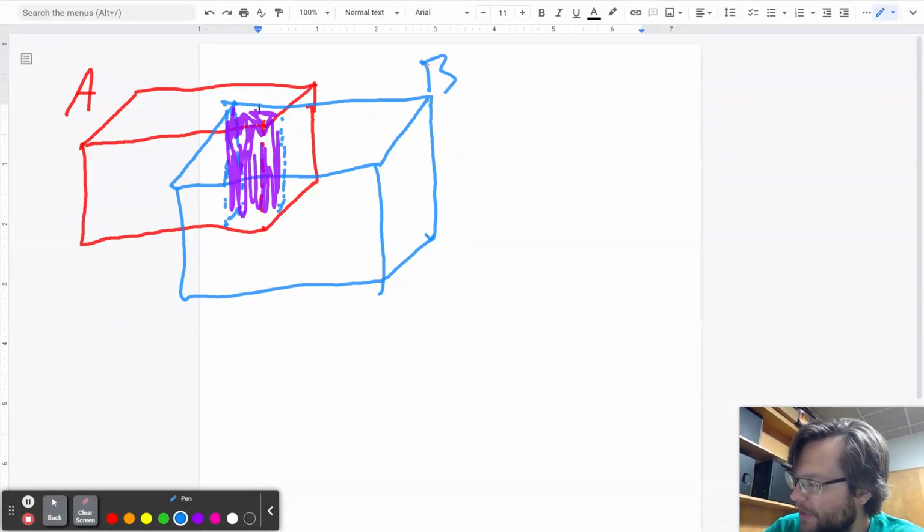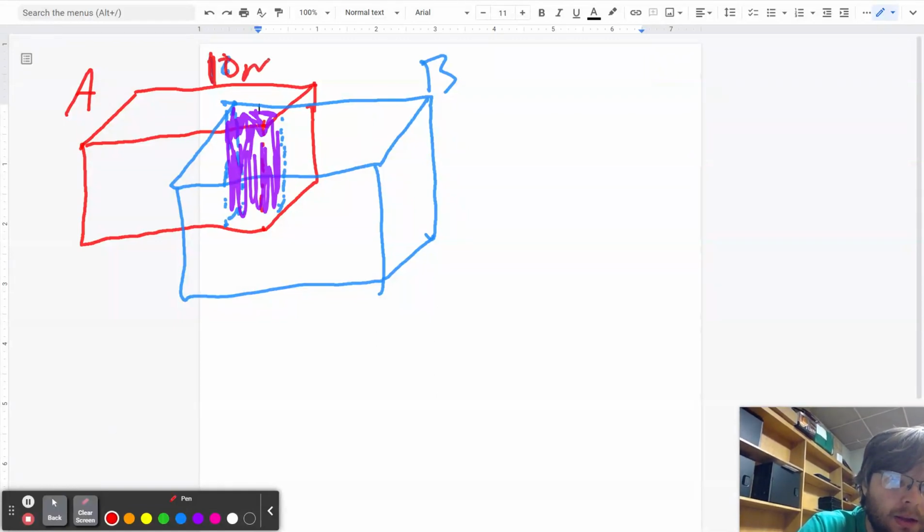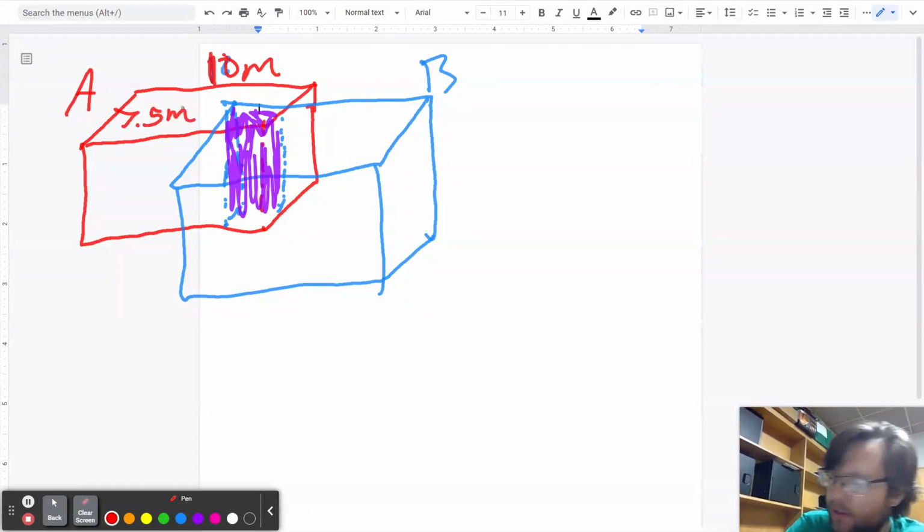And they told us some measurements about building A and building B. So building A is 10 meters by 7.5 meters. I'm assuming that means, oops, I'm going to use red for that. 10 meters by 7.5 meters.